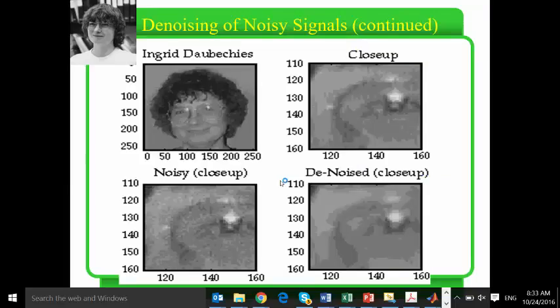Right. So they are showing us some of the applications that we can do using this wavelet transform. One of the things is denoising of noisy signals. And this is the image of somebody called Ingrid Daubechies, who has a mother wavelet named after her, Daubechies. So here he's showing us, for example, this is the noisy close up.